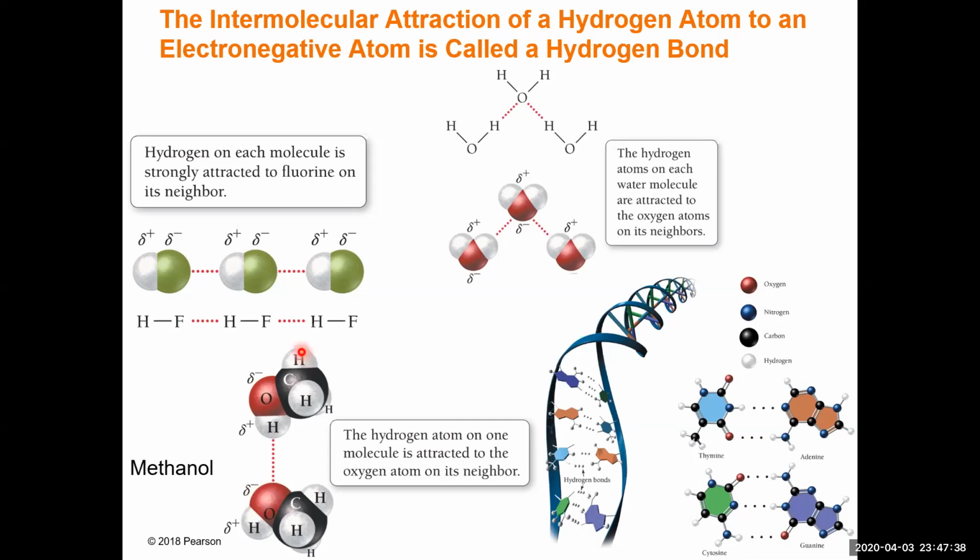Notice that these other hydrogens do not form these attractions of hydrogen bonding. Hydrogen bonding occurs between the hydrogens that are directly bonded to an oxygen, nitrogen, or fluorine. And then this hydrogen that is bonded to one of those atoms is attracted to the neighboring atom's oxygen, nitrogen, or fluorine.